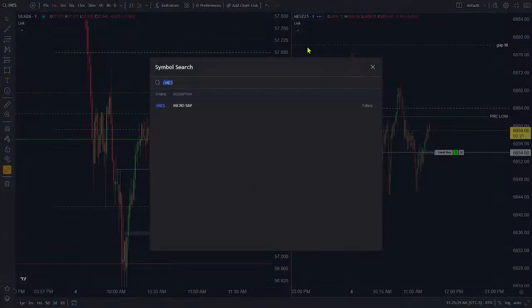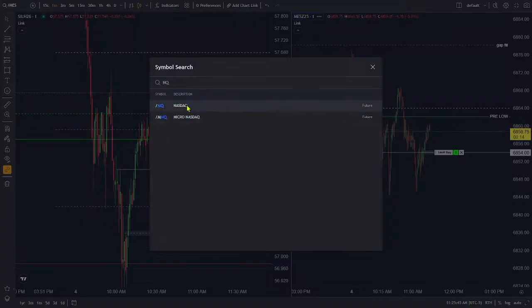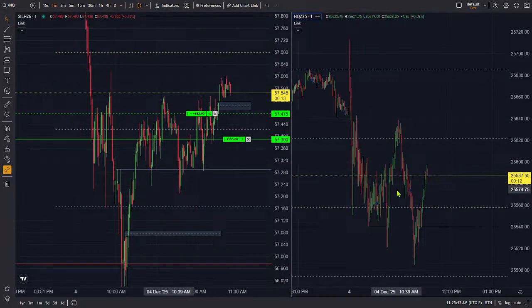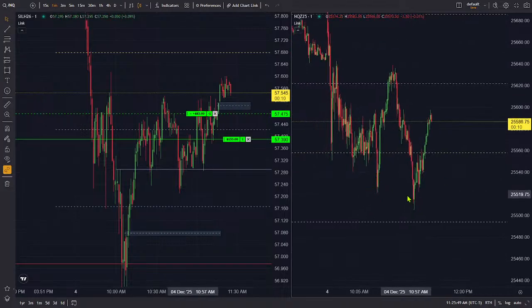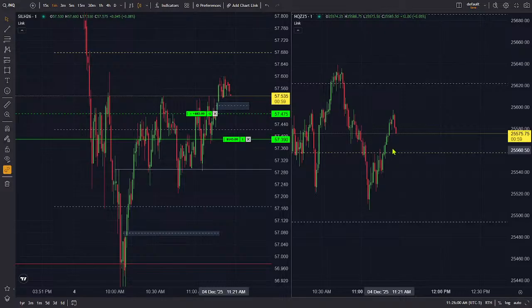Let's see what NQ is looking like. I think NQ is putting up bad signals. It made a lower low, but still pulled away. So it's going to need to push back down into one of these fair value gaps and then reject higher.